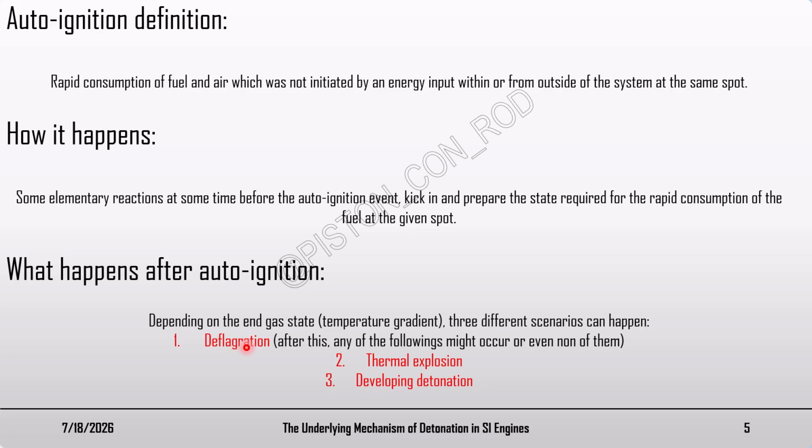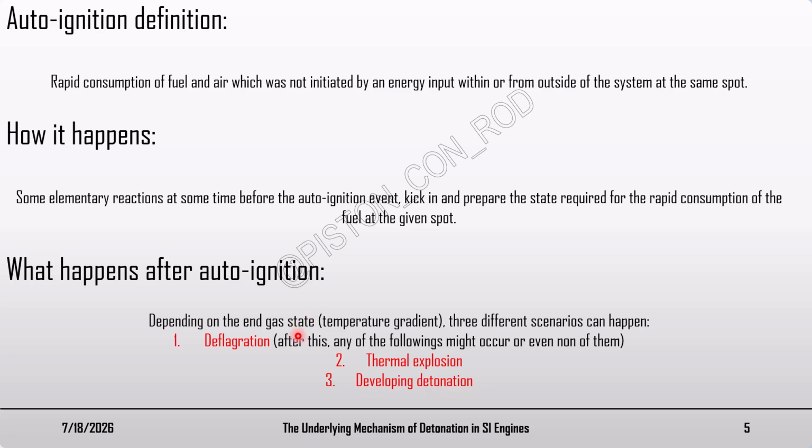Like if we had a spark plug there, that would be a deflagration. After the deflagration, a normal combustion, a normal flame front will be developed and it will move on. But after the deflagration, at some point other than that spot which autoignition happened, we might get thermal explosion or developing detonation.